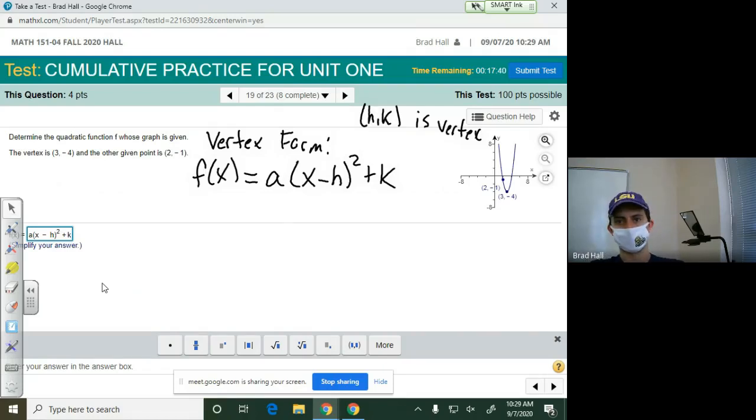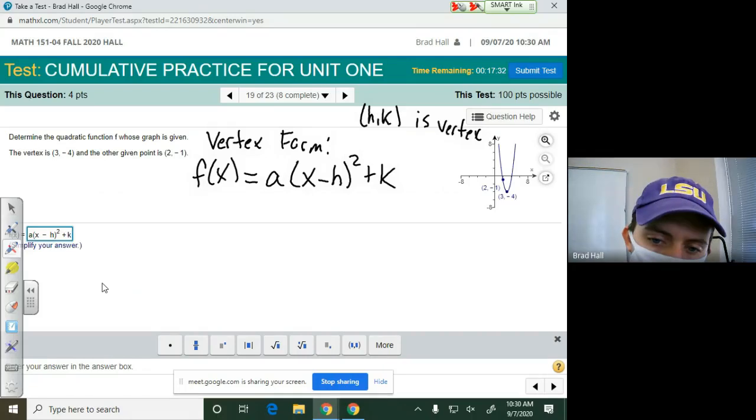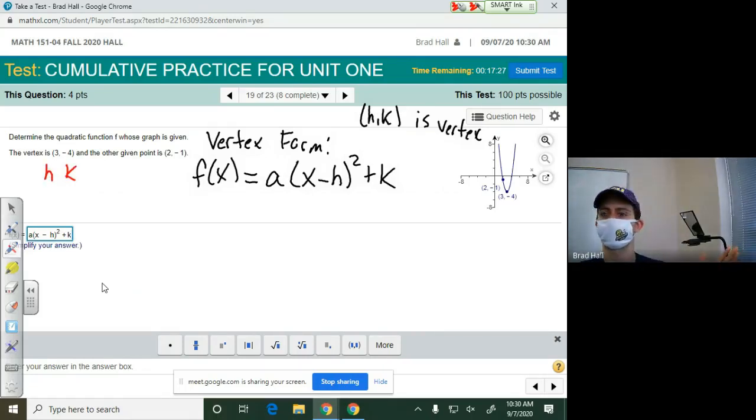So, two of these values come to us very quickly. The vertex. There's h and there's k. They just give it to us. So we already have it.